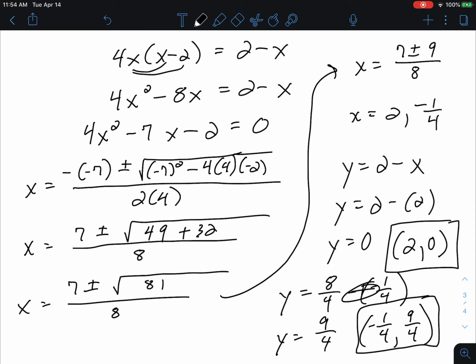Now for these we did have to solve them both for y, so we do have to use the y equals 2 minus x after you've done that.